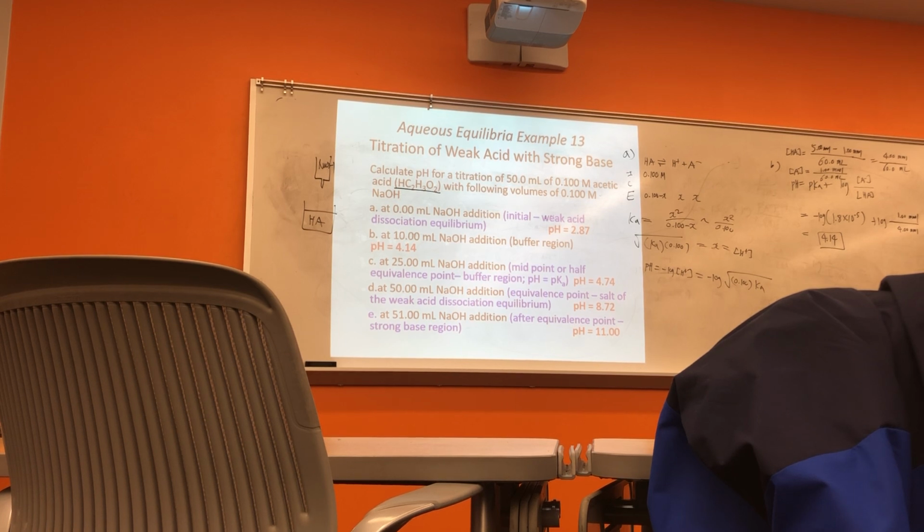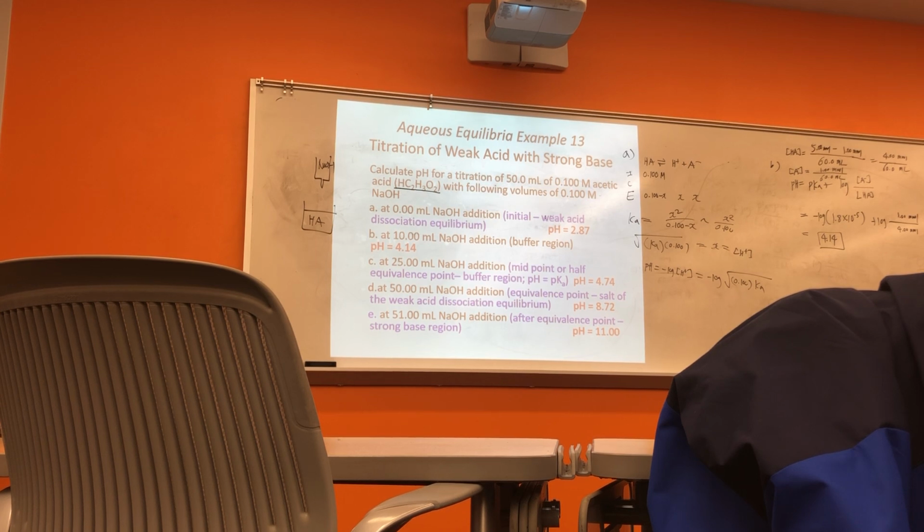This is our initial condition for the ICE table. And then at equilibrium we have this minus x, x, x. Because it's a conjugate base, it's the Kb, and x squared over 0.0500, with the approximation.